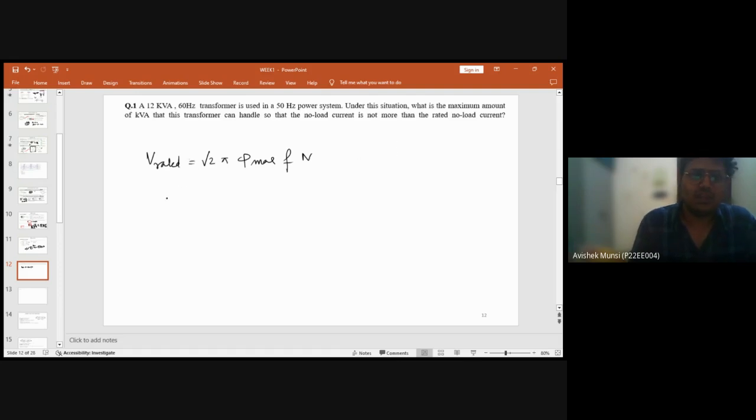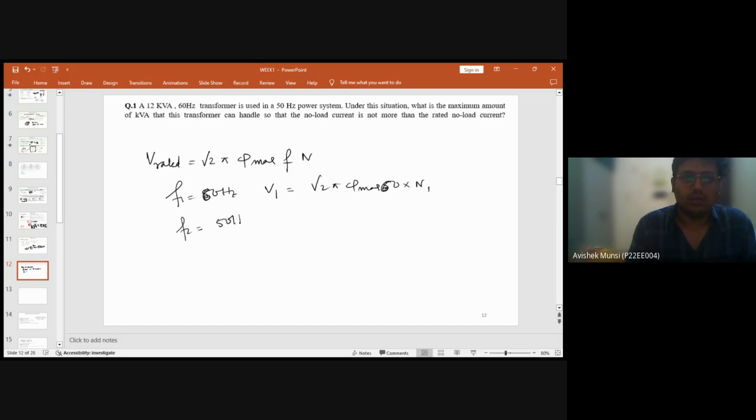So in the first case, we have F1 equal to 50 hertz. In that case, you can write V1 equal to root 2 pi phi max 50 into N1, right? In the case of F2, when it is loaded with 60 hertz, fine. First, it's loaded at 60 hertz, and then it is at 50 hertz.